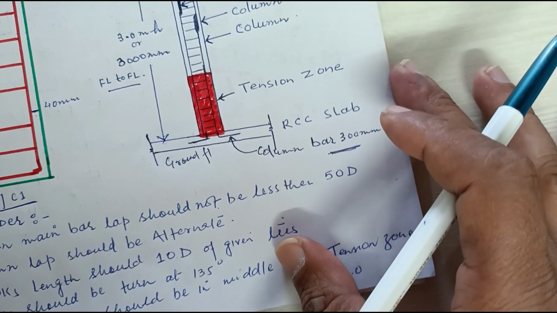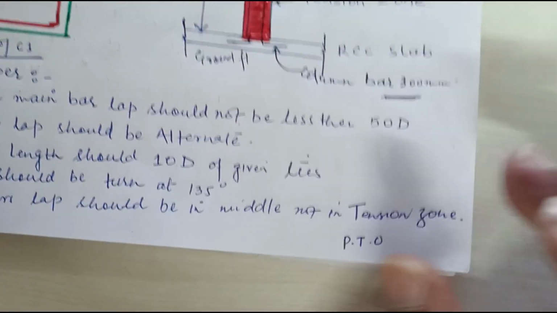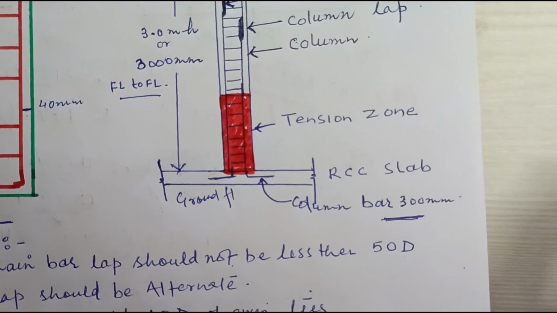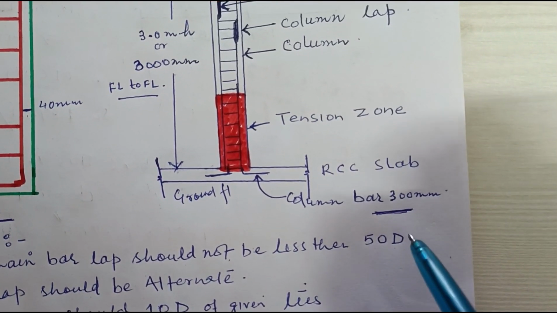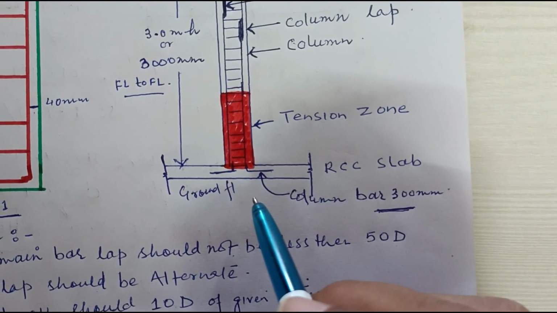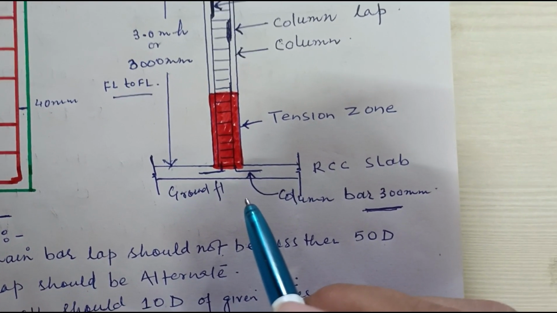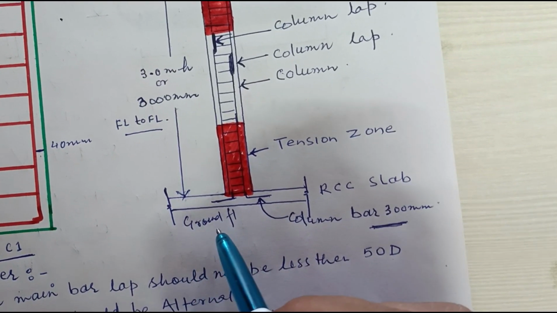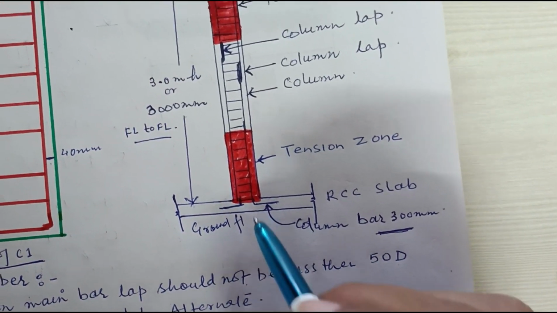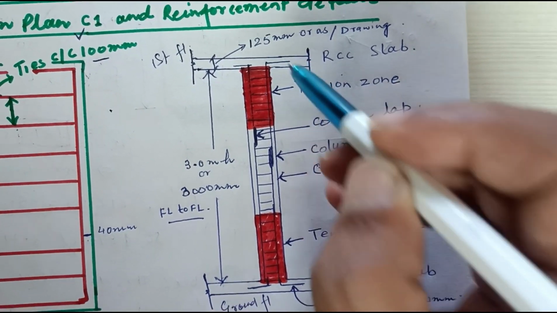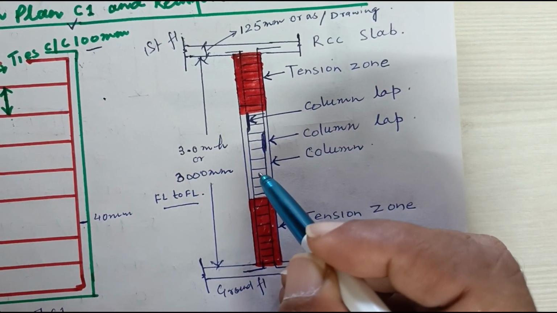This 300 mm is going to merge with the concrete slab, at the first floor slab or ground floor slab, both sides. If this is the ground floor it will go 300 mm, and if this is the first floor it will go 300 mm. Now these are the ties.